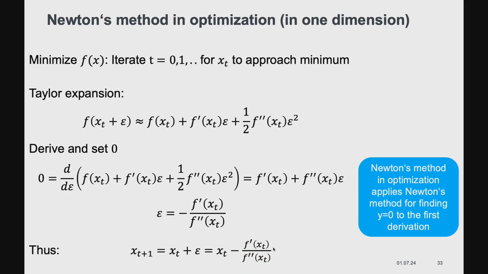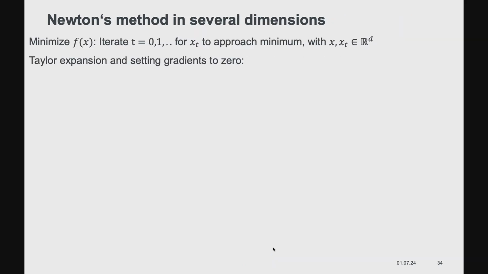For this, however, we need to know this second derivation. The second derivation is, of course, easy when we have just a one-dimensional function, but in general we don't have a one-dimensional function because we have these vectors that we deal with.